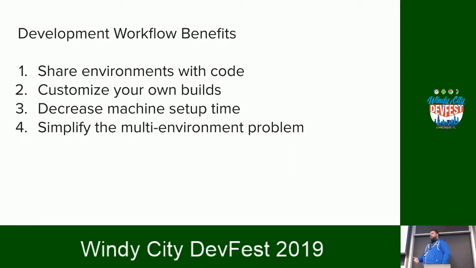So what are some of the benefits of working with Docker directly? Well, you can share your environment as code, right? With the Dockerfile, you know exactly what that's going to build out as. With the Docker Compose, you know exactly how the entire structure of the application gets built. You put that into your GitHub repo, you push that up, somebody else pulls it down, now they can run the exact same thing you have on their machine, right?